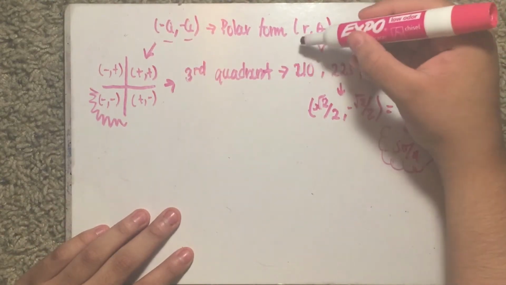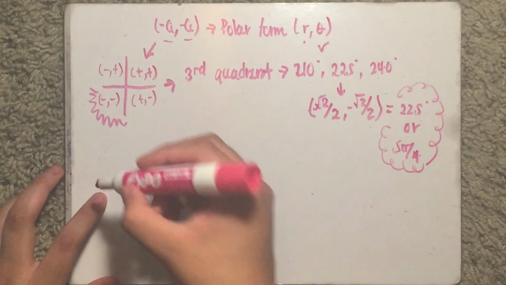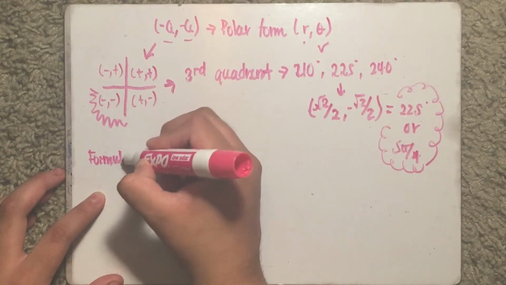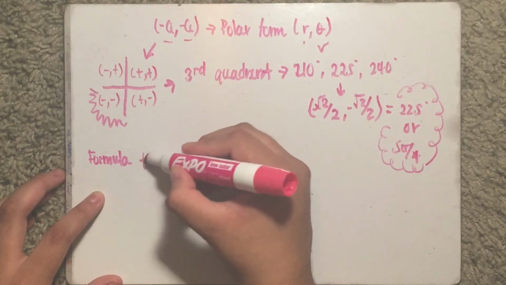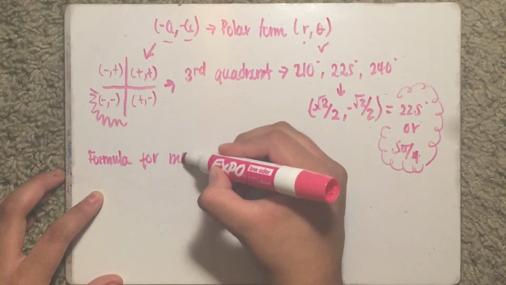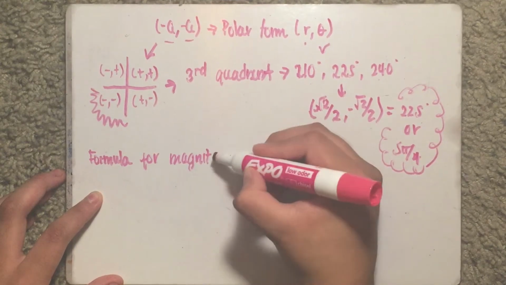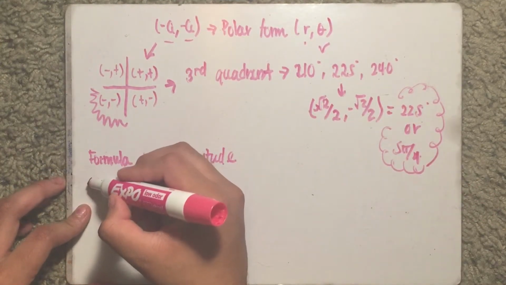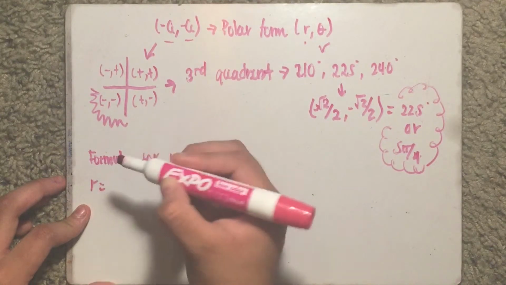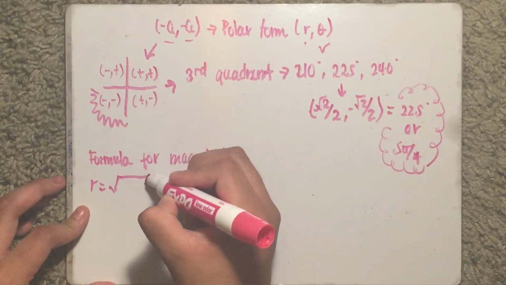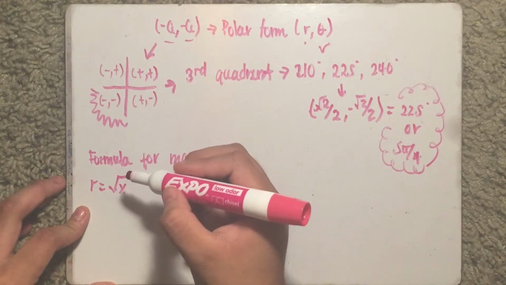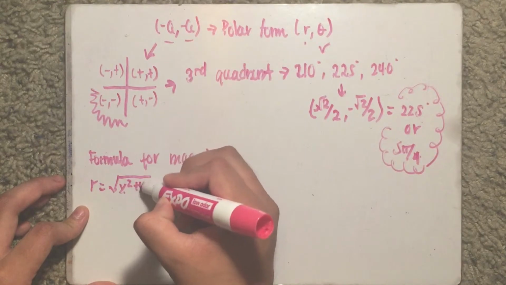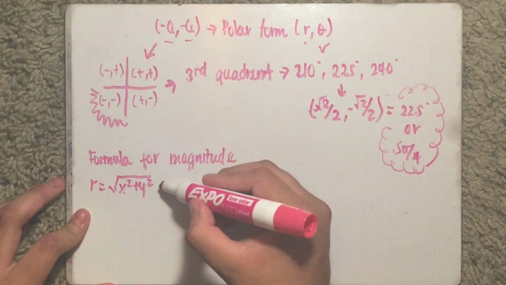now you have to find the magnitude, or the radius. The formula used for the magnitude is r equals the square root of x squared plus y squared.